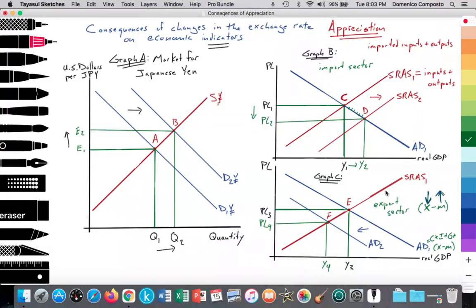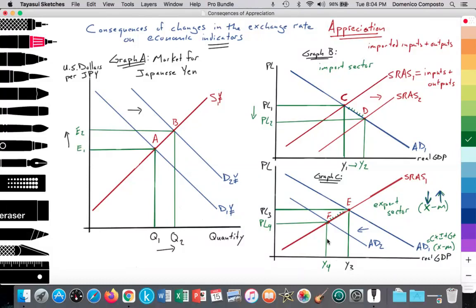The firms in Japan that are dependent on being able to export more and more would see that with a stronger Japanese yen, it's going to be more difficult for them to export. And that would lead to falling aggregate demand. It would lead to a fall in the quantity of aggregate supply of, let's say, exported goods. And it would also lead to, in the export sector, increased unemployment of resources like labor. Firms that are export oriented would have to fire labor. Thus, unemployment would rise in the export sector, and it would contribute to a decrease in GDP from Y3 to Y4.